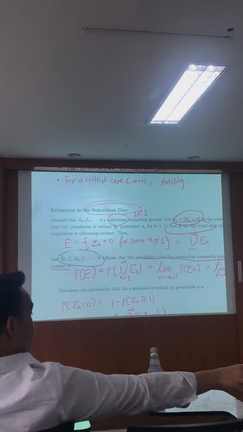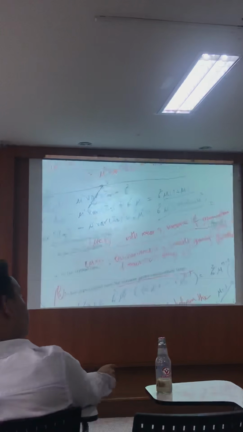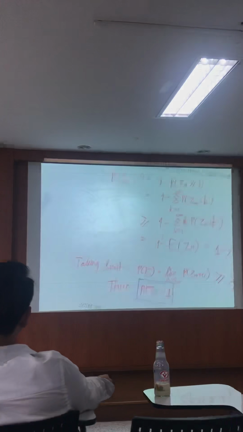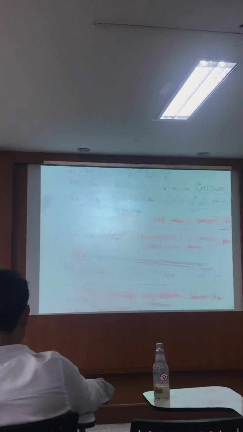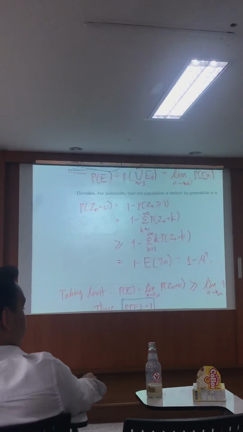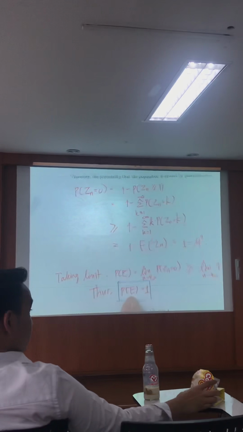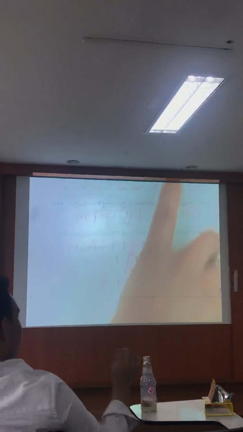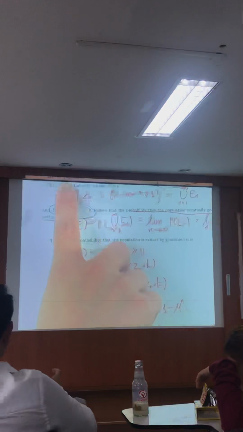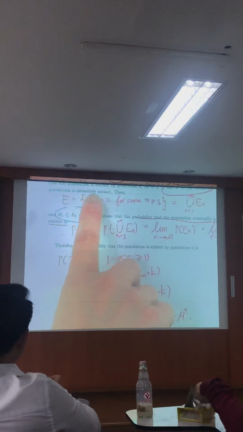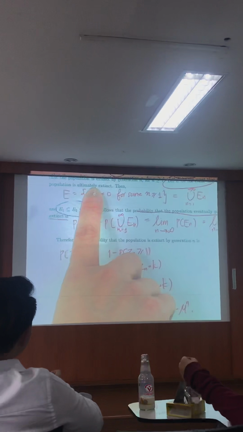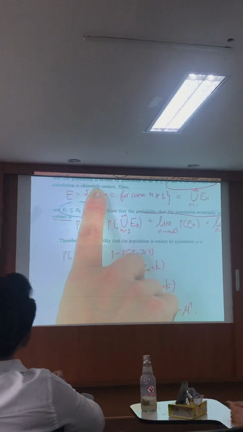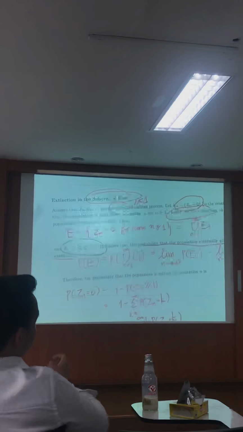When mu is less than 1, we proved that, what did we prove? Page 5. Oh yeah, we proved that P(E) is 1. What is E? E is the event that the population is ultimately extinct. It's always extinct if mu is less than 1. Okay, this lemma says that.